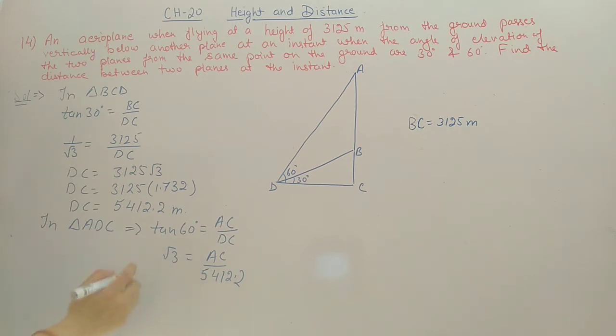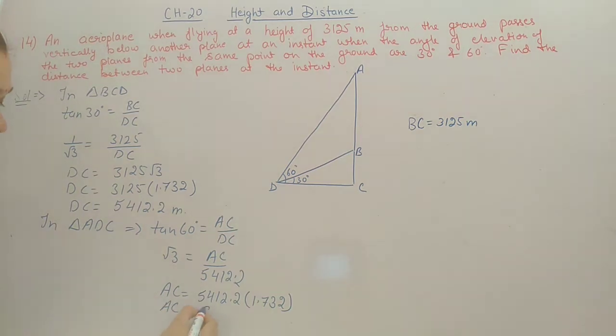So shift this to the other side, so you will get AC is equal to 5412.2 root 3, and the root 3 value is 1.732. After this, multiply these two numbers, you will get AC is equal to 9374.5 meter.